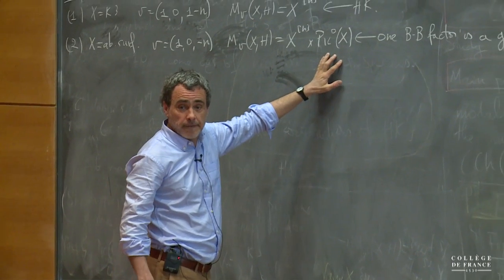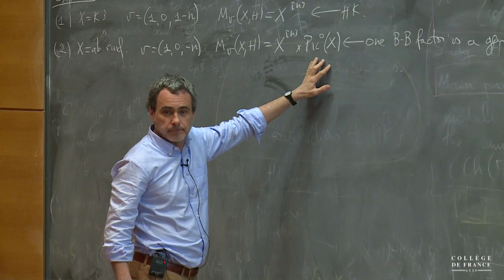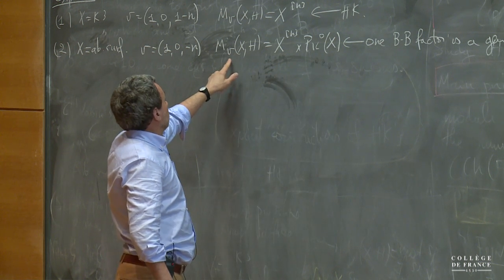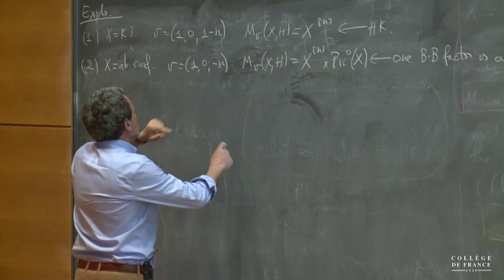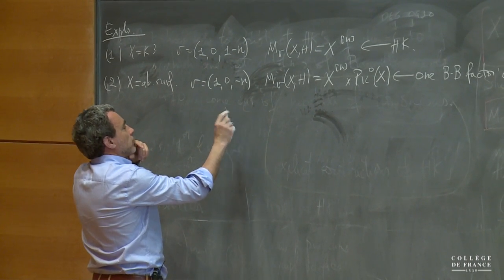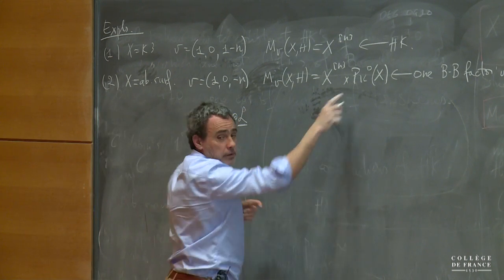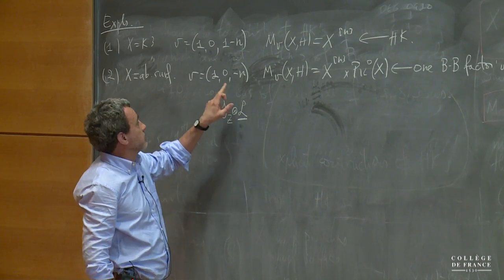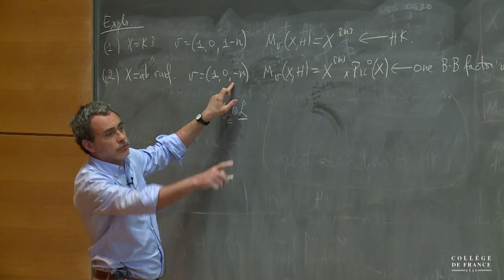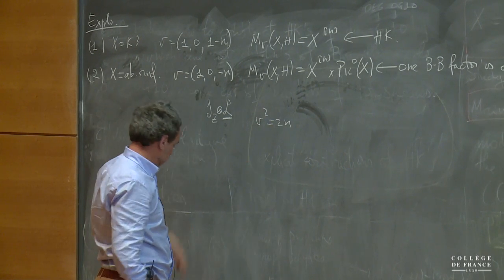It's not an equality. I mean, there is this product, and it's a hyper-Kähler of them. What are the deformations? You can deform O by putting an element of Pic^0. This is in the moduli space. This has dimension 2n plus 2 according to that formula. If you look at v squared, this is 2n.